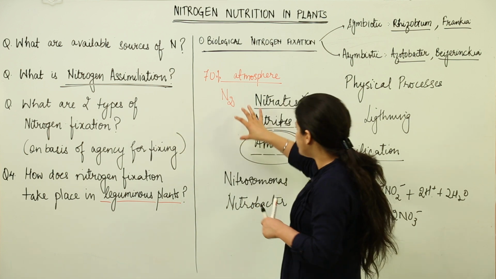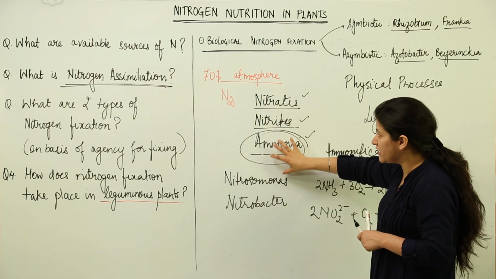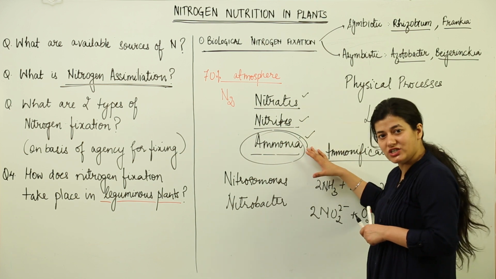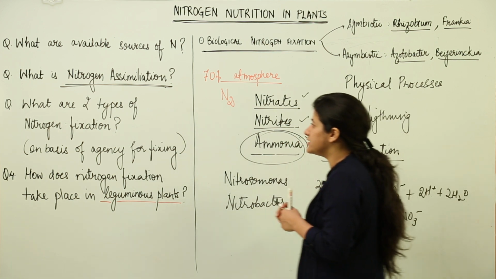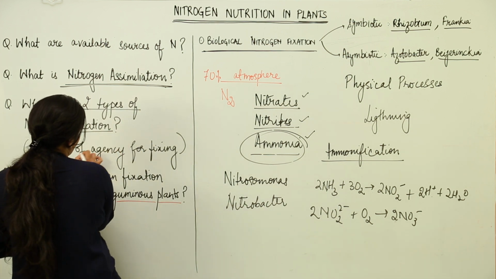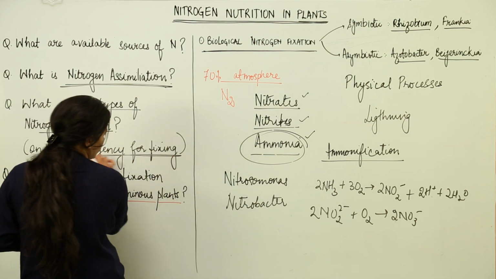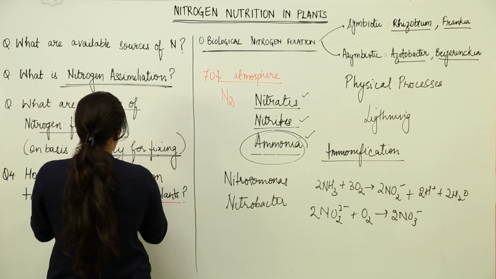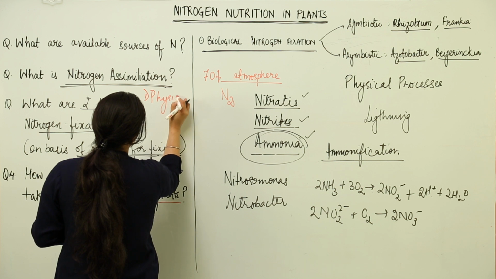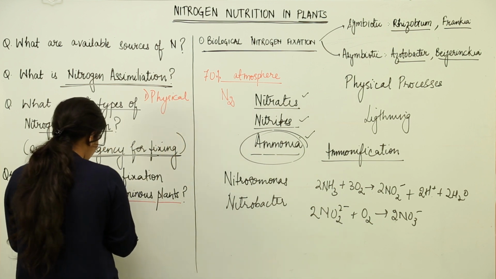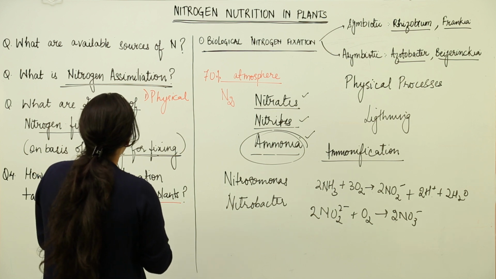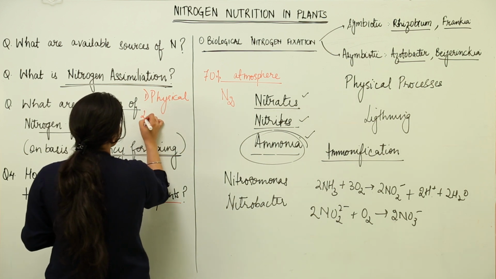For that, first of all, the atmospheric nitrogen needs to be converted into these forms, and for that we have various biological agencies and physical agencies. So the two types of nitrogen fixation, on the basis of the agency fixing the nitrogen, are first physical nitrogen fixation, in which we discuss lightning and other decomposition processes, and the second one is biological.